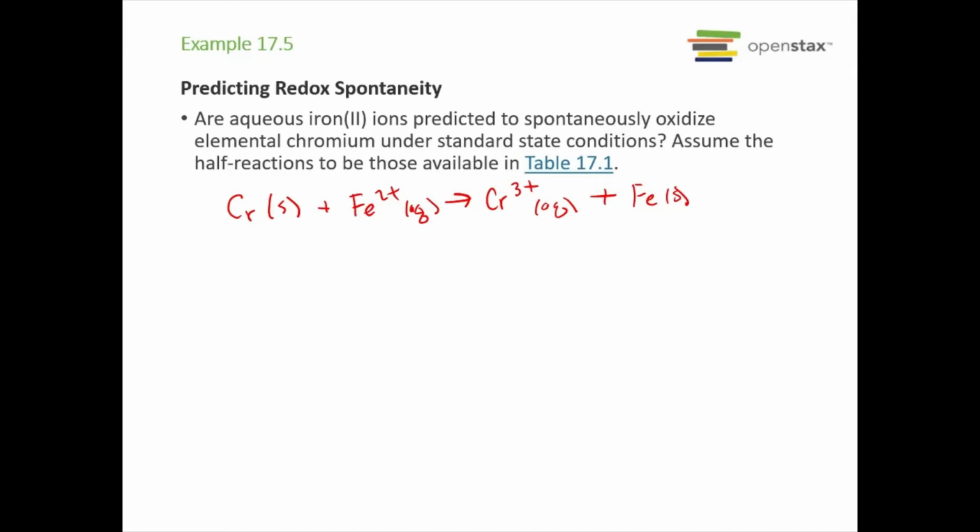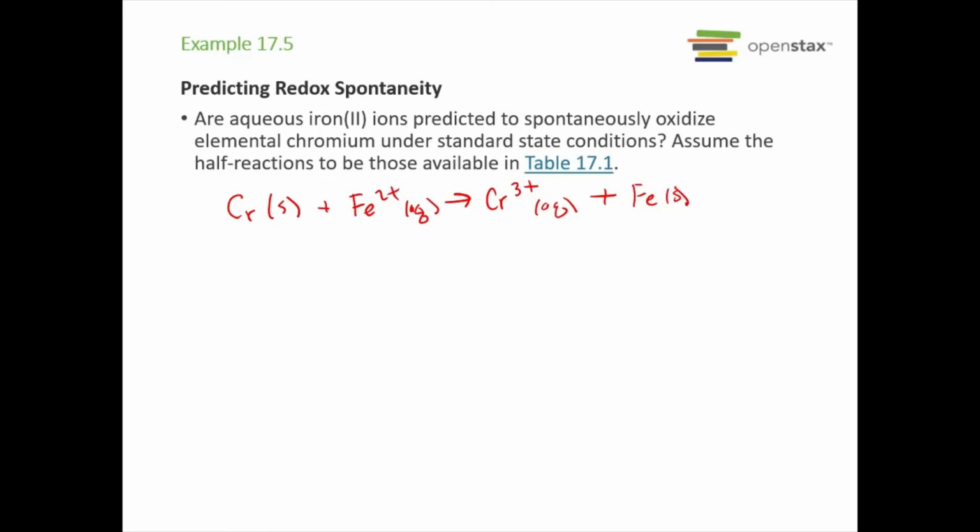And since it is going to be at the cathode, it has a higher potential than your anode, which is chromium. And because cathode is higher than anode, it's going to be spontaneous.